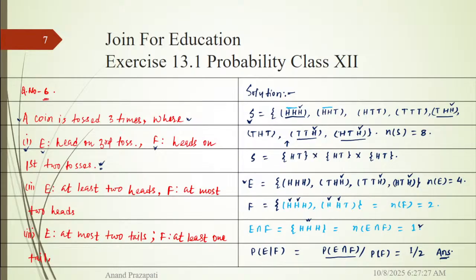So number of E intersection F equals 1, and we know that probability of E is number of E by number of S. This formula is applied here, so we write number of E intersection F by number of S, and for this one number of F by number of S. We cancel out number of S, then we get number of E intersection F by number of F. So number of E intersection F is 1 and number of F is 2.